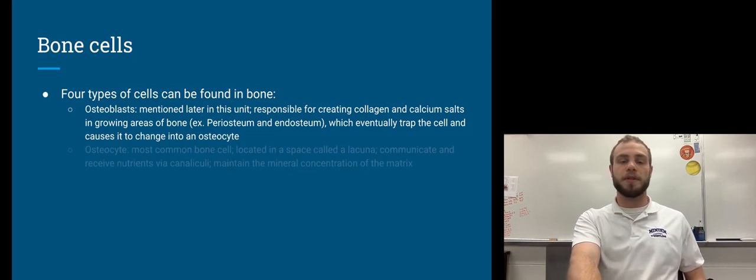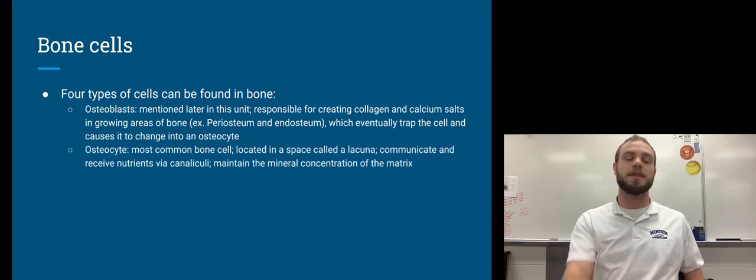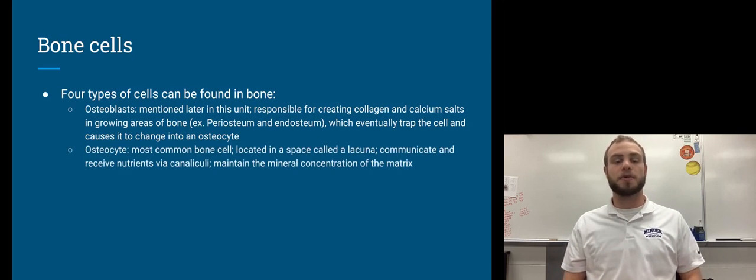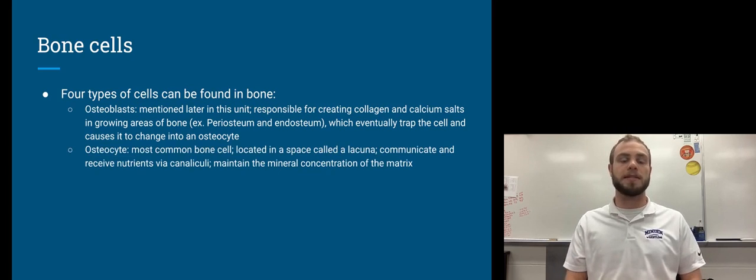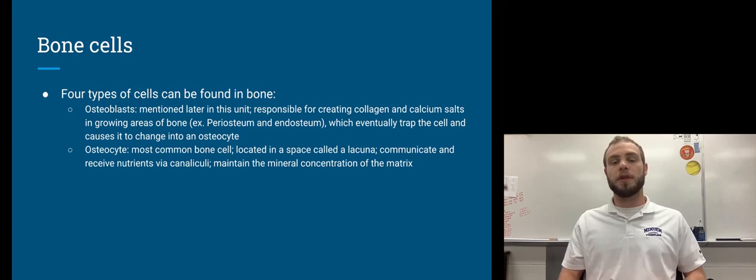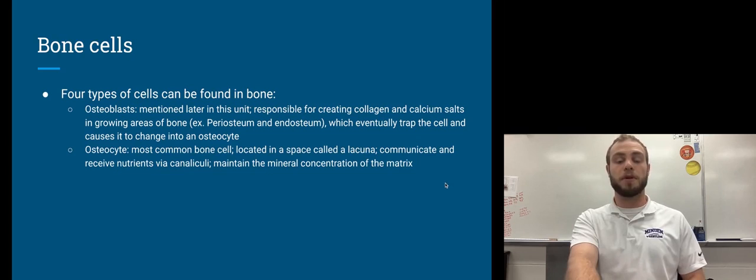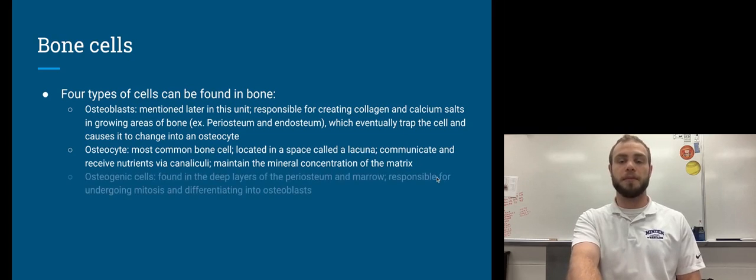And at that point, they will differentiate into an osteocyte. Now, an osteocyte is the most common bone cell because a lot of those osteoblasts get trapped there, and then they remain as osteocytes. And they're going to be located in a space called a lacuna. Osteocytes are able to communicate with one another and receive nutrients via canaliculi, and they're going to be responsible for maintaining the mineral concentration of the matrix around them, that collagen and those calcium salts.